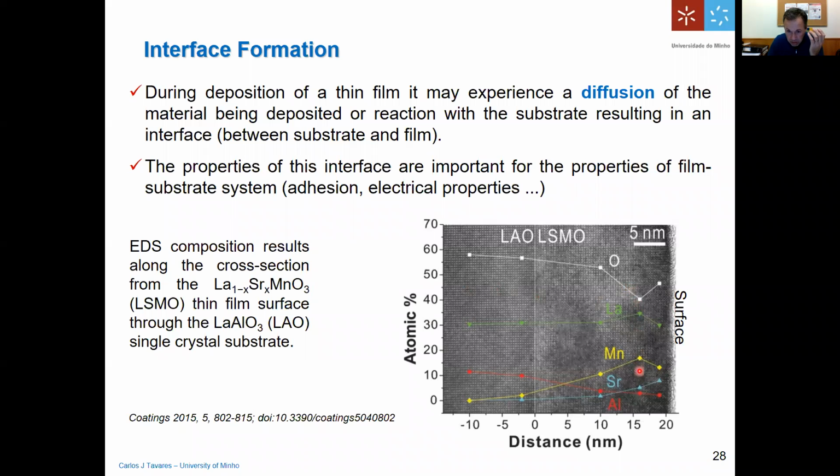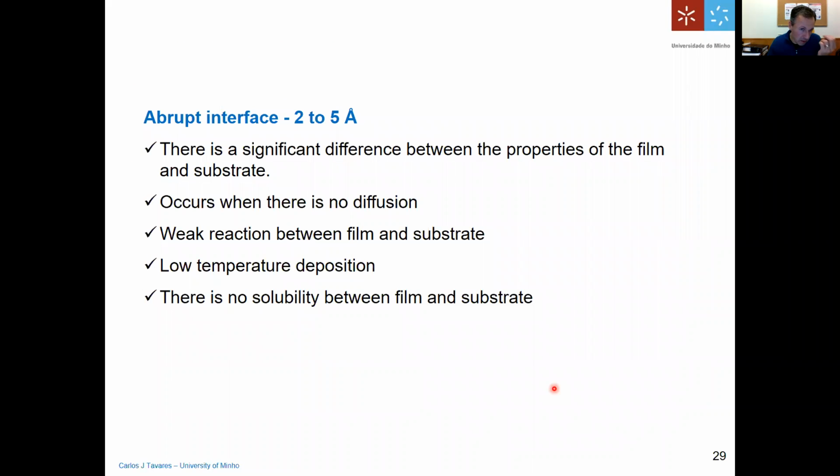We are talking about some values of atomic percentage, okay? But you really have to measure the width of it, and the level of this mixing in both materials to see if it qualifies or not as an abrupt interface or a mixed interface.